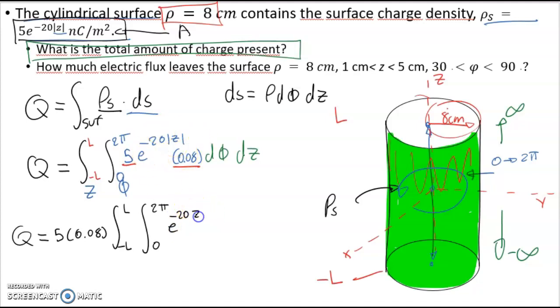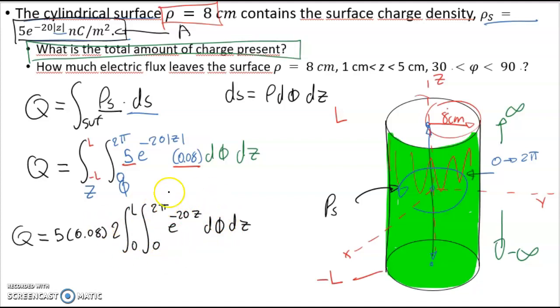We can express it as positive z, always positive z. Since we have a symmetric integration, this can be replaced by 2 times the integration from 0 to L, making everything easier.